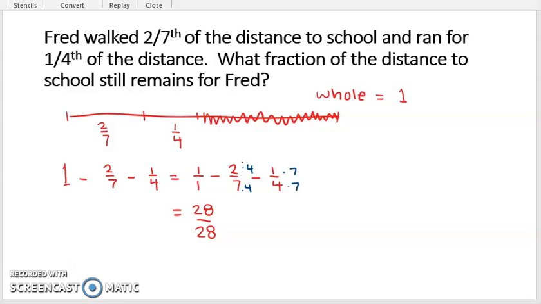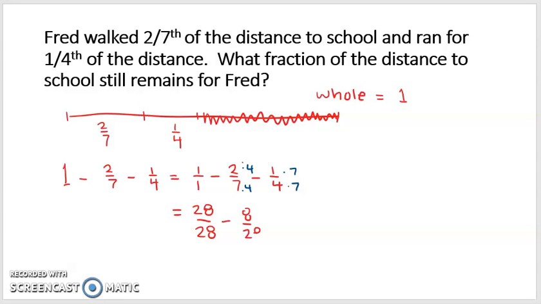So what I will be left with when I find that common denominator is 28/28 minus 8/28 minus 7/28. And in order of operations from left to right, 28 minus 8 would be 20, minus 7 more would be 13. 13 things.